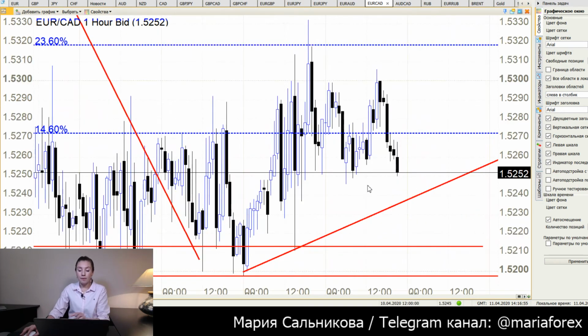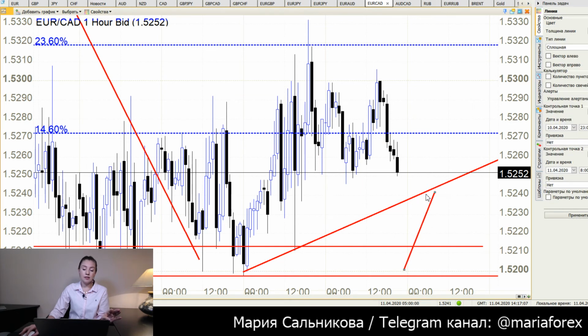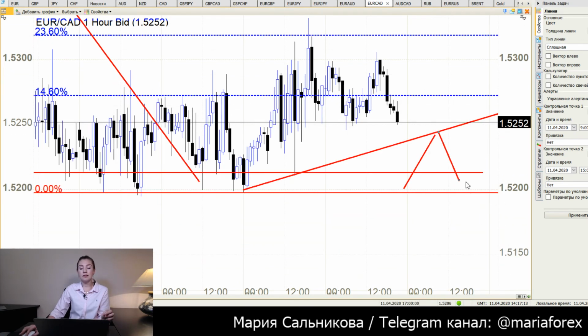But what you can see: the price breaks this level, you sell, you earn some 30, 40 points. From here price goes up, gives a retest to this trendline, and from here it may go down again, okay? The second time it will break down 1.52, and after that you sell with the target 1.50.